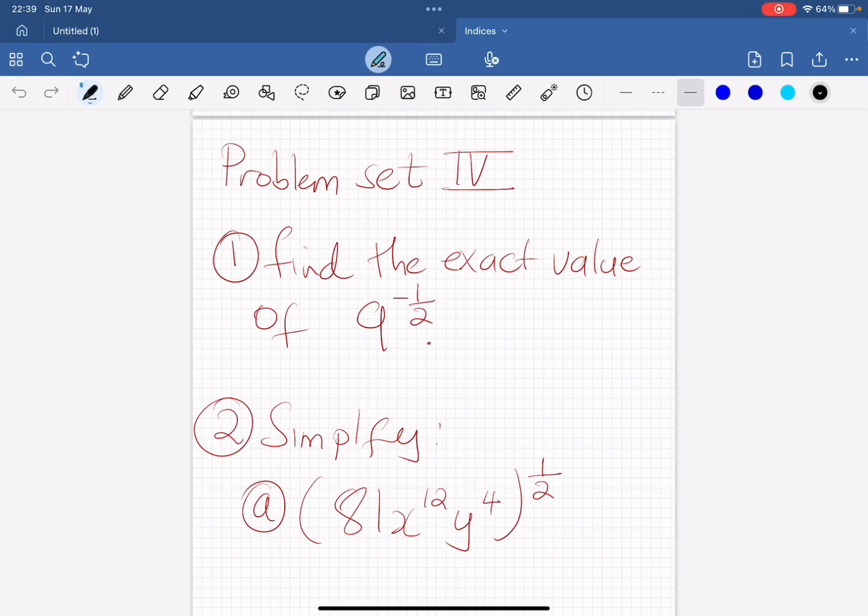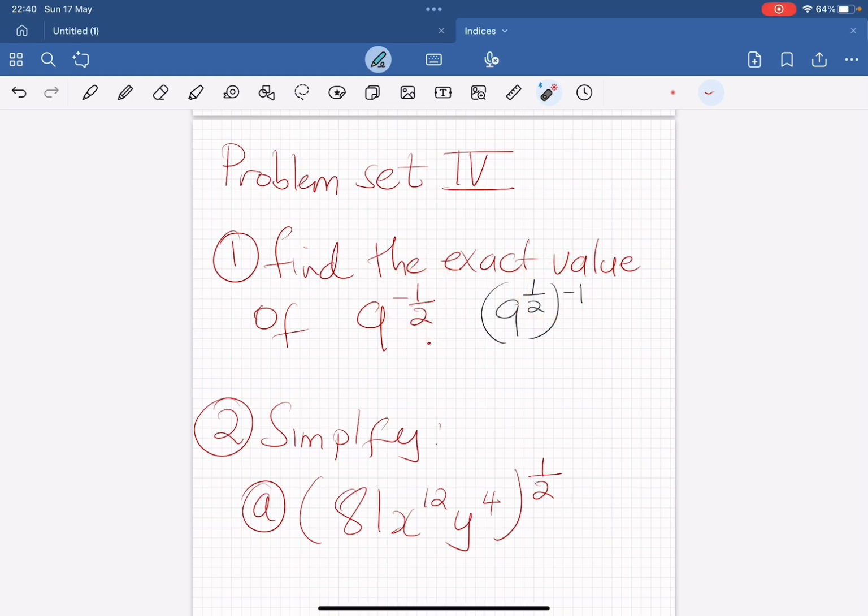Now, moving along, the question says find the exact value of 9 to the power negative half. If I am given this type of question, the first thing I would do is to isolate the half and the negative 1, because negative half is a product of a positive half and negative 1.